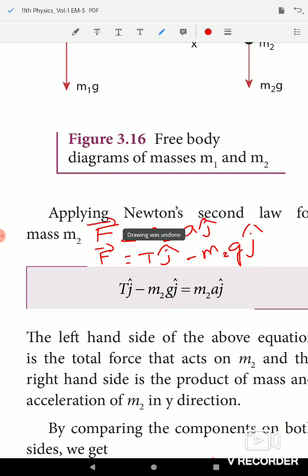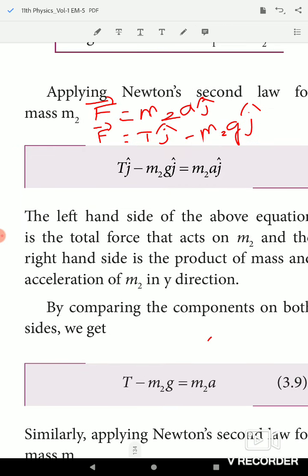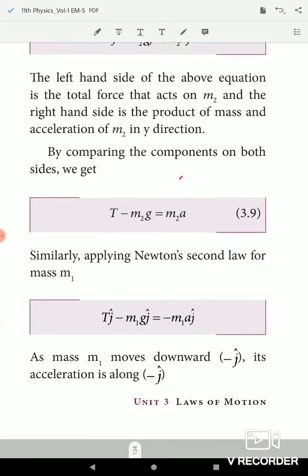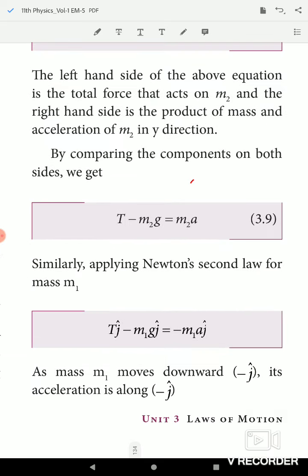These two are equal, so T j cap minus M2g j cap equals M2a j cap. The j caps cancel with each other, and we take the acceleration in the y direction. So you get T minus M2g equals M2a.